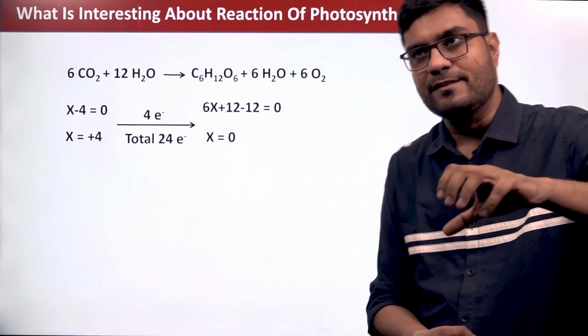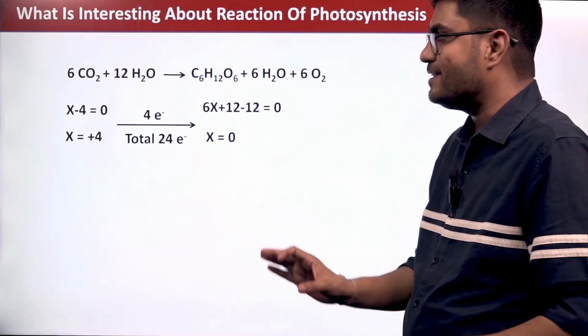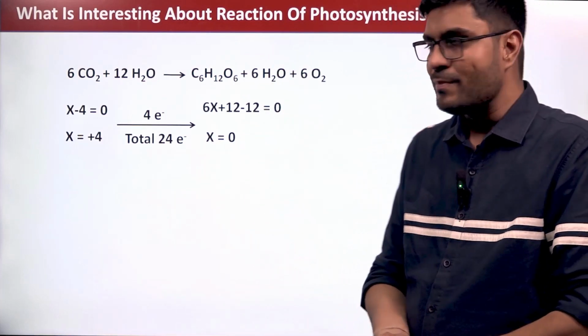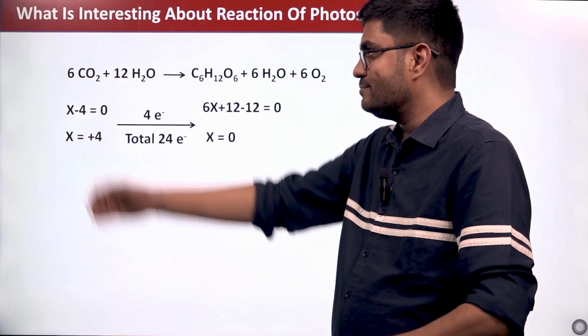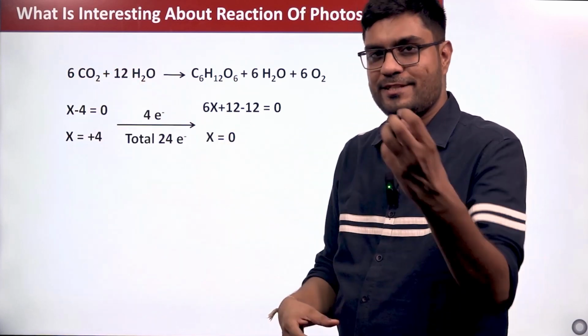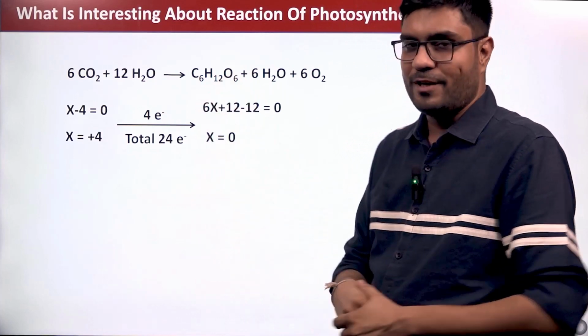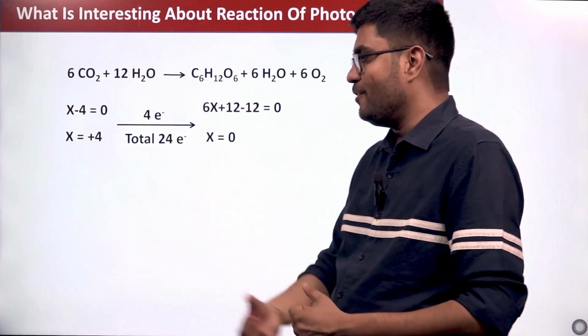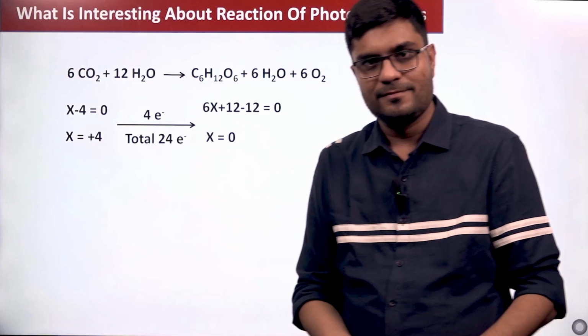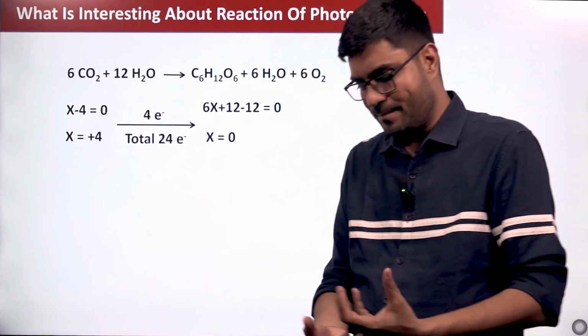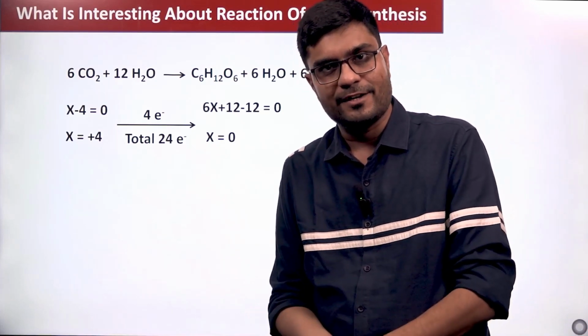Now I can define the photosynthetic reaction as a reduction reaction where 6 carbons of 6 CO2 molecules are getting reduced into 1 glucose molecule by accepting how many electrons? 24 electrons, right? Gain of electrons, or acceptance of electrons, is nothing but reduction.